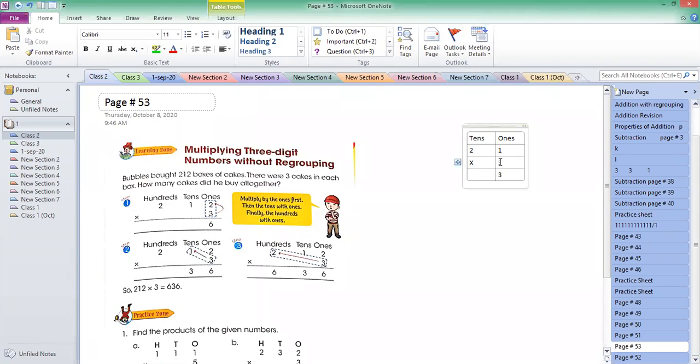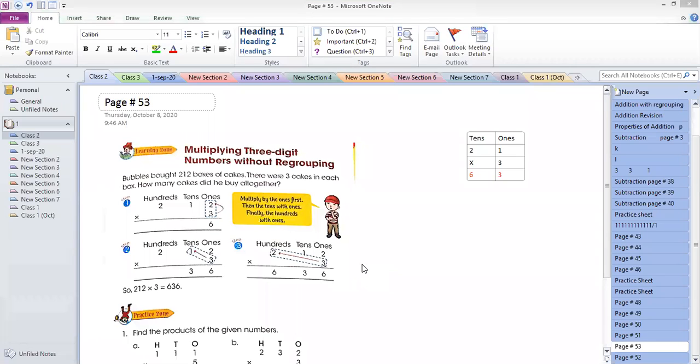Then I will multiply this ones by these tens. 3 multiplied by 2 equals 6. The answer is 63. This was revision of yesterday's lesson.